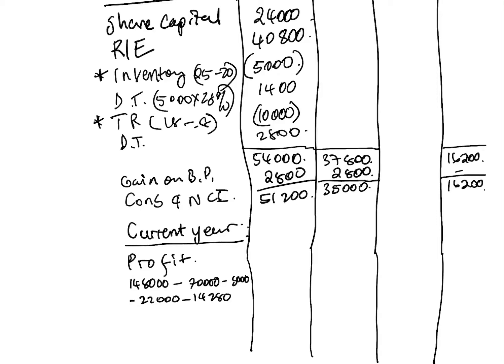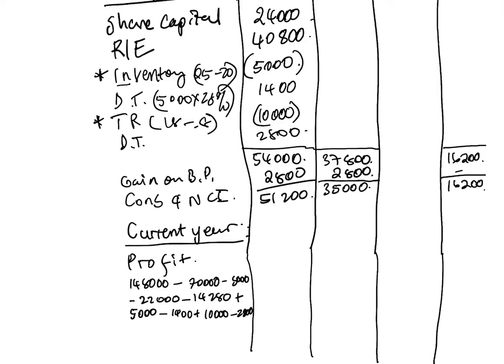Then we add the inventory that was unrealized at acquisition. Now we are going to realize it, so it will be plus 5,000 minus its tax 1.4, plus 10,000 minus its tax of 2,800.